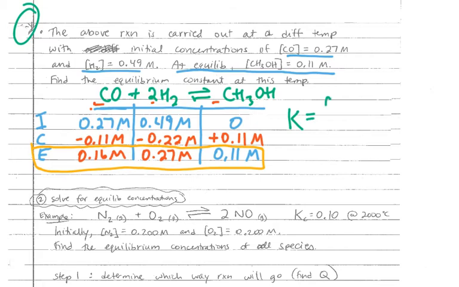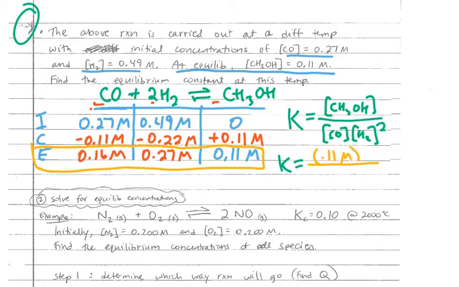So remember, for this equation, products, CH3OH over concentration of reactants, H2 squared because of the 2 coefficient. So K equals, and I'll plug in these equilibrium values, 0.11 molar divided by, so the equilibrium concentration of carbon monoxide is 0.16 molar, and the concentration of hydrogen at equilibrium is 0.27 molar.